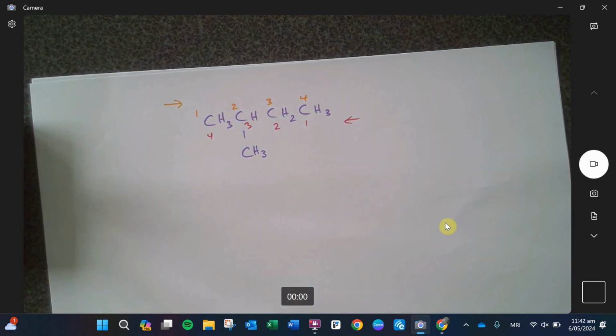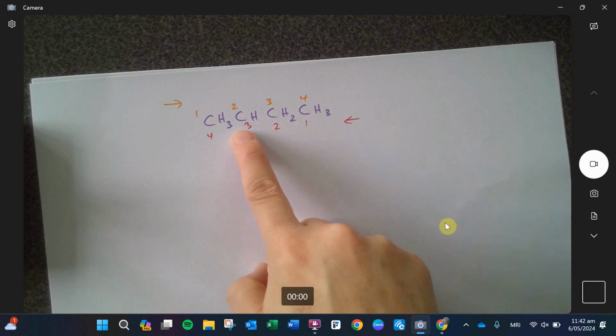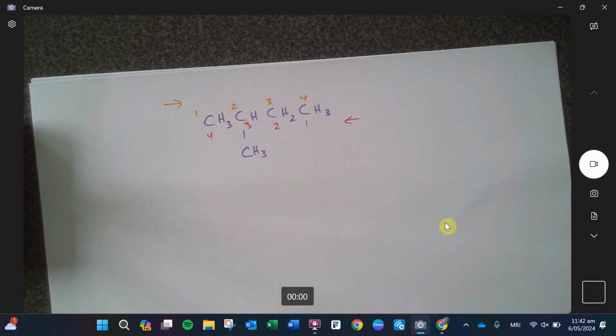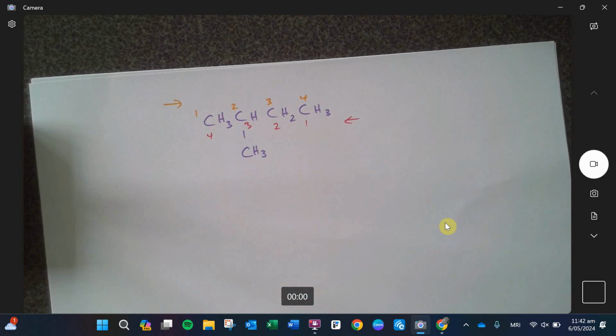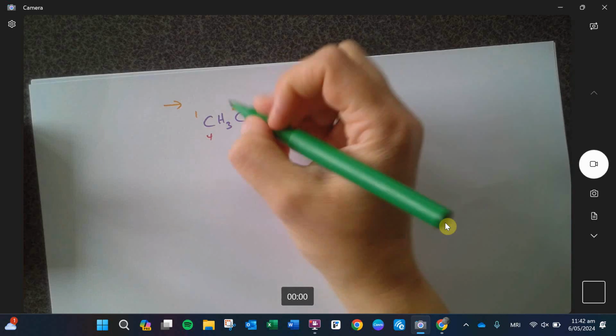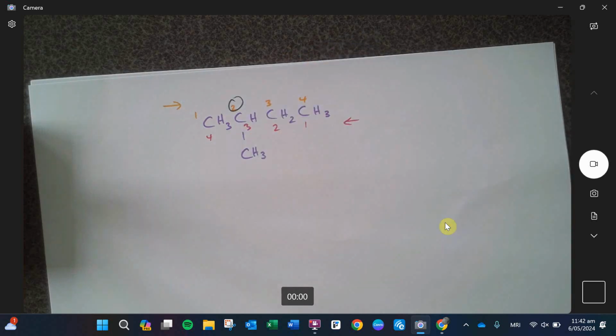Now in this case, where I do the numbering does matter. So when I went from left to right, you see how the methyl is attached to carbon number 2. If I went right to left, now it is attached to carbon number 3. So I have a choice now what number I assign it, and I'm going to assign it the 2 because that is the lower number.